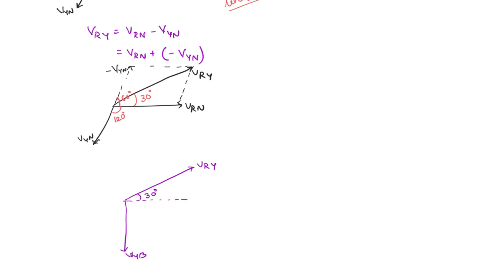So if this is 30, this is going to be 90, right? And finally we have VBR. What was the line voltage phasor diagram on delta side? This is what it was. VB dash R dash. Okay.